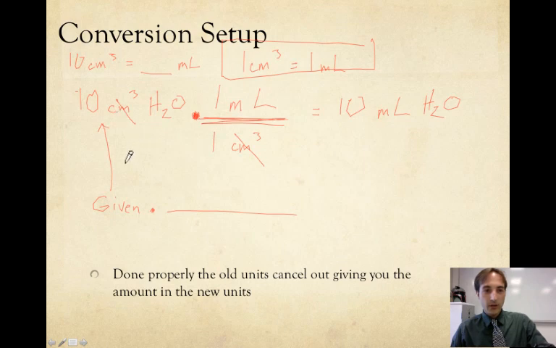You always have a dot and a line, and then these are the units you have, and these are the units you want. So if we look up here, given was centimeters cubed. Those are the units we have as well, so they go on the bottom, and then the units we want go on top. If you set it up correctly, the old units will cancel out, giving you new units.